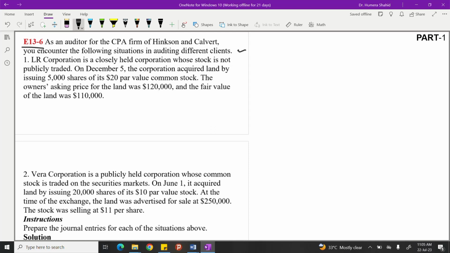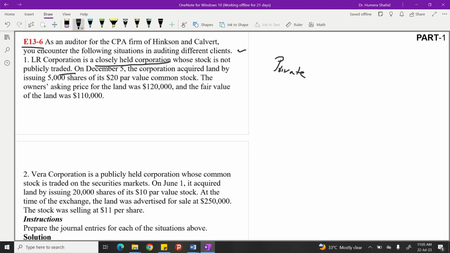So you have two different clients, and for them you have noticed these two situations. Number one, LR Corporation is a closely held corporation. Closely held means, what did we study? It's a private company whose stock is not publicly traded.